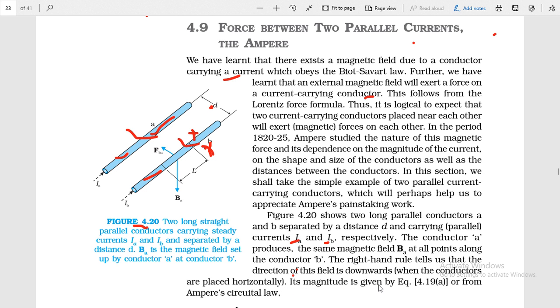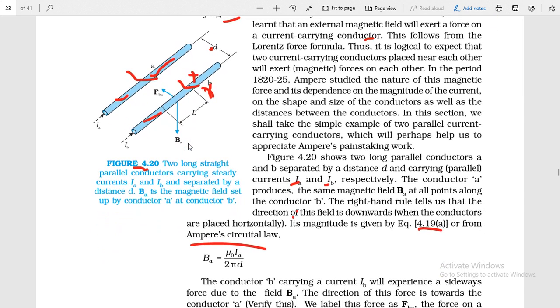Its magnitude is given by equation 4.19a, or from Ampere's circuital law. You can find out the value of this magnetic field by using Ampere's circuital law, or you can directly use the equation. That is, BA is equal to mu naught upon 2 pi into I upon d.